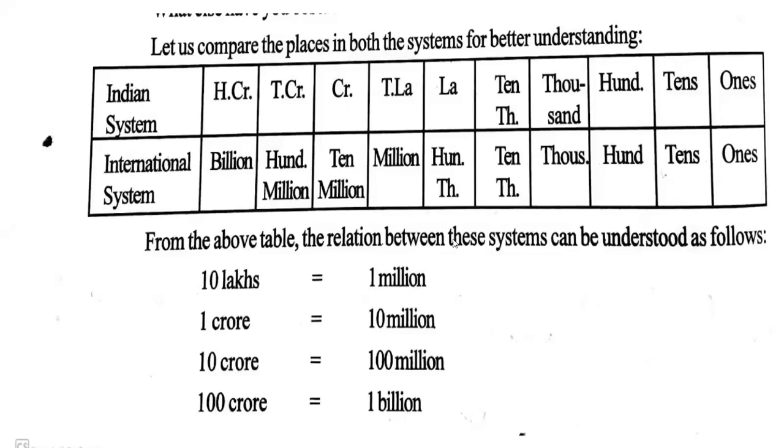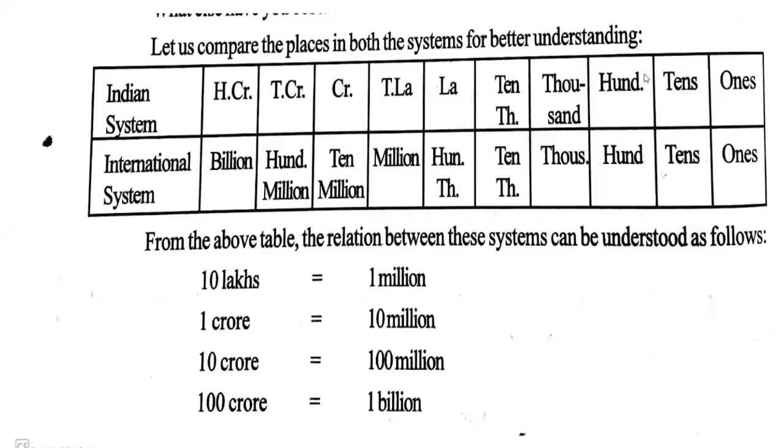So let us compare places in both the systems for better understanding. I'm trying to give you clear information about the correlation between the Indian system and the international system. One thing I'm telling you, boys and girls: only the first period has 3 digits in our number system.